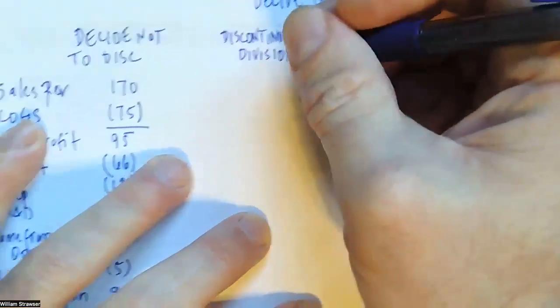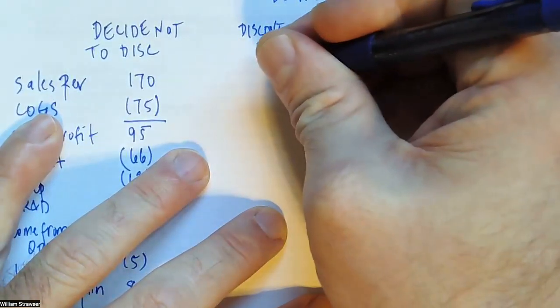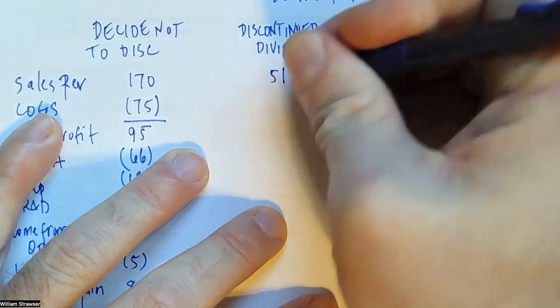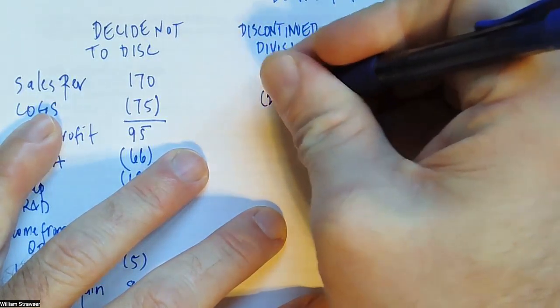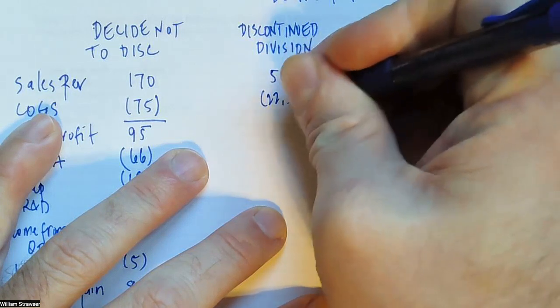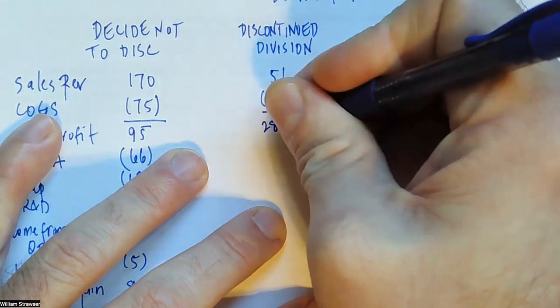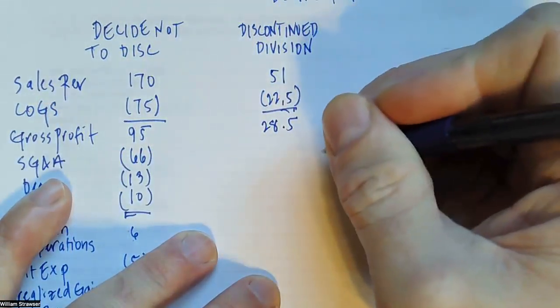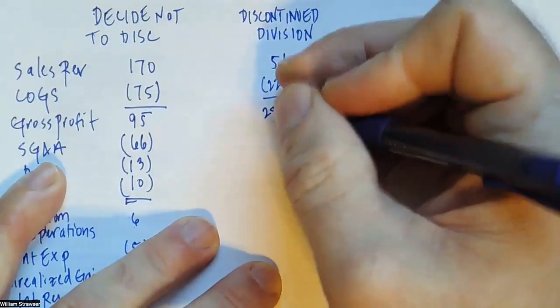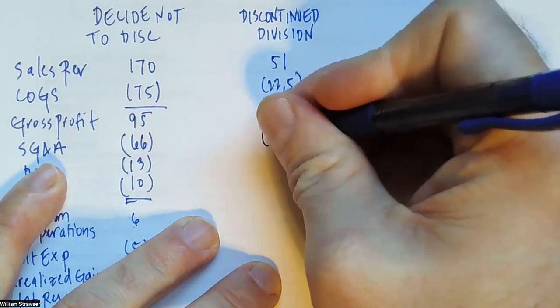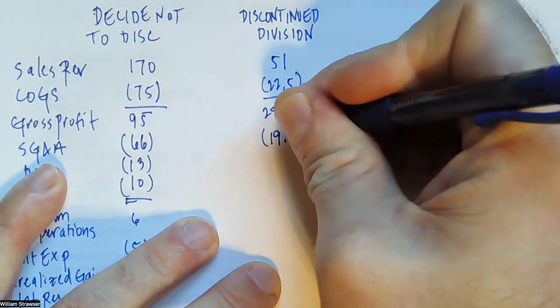So in sales revenue, we have 51. And all of these are classified the same accounts, just different numbers. Cost of goods sold becomes 22.5, which gives me 28.5 gross profit. The SG&A times 30% is 19.8.